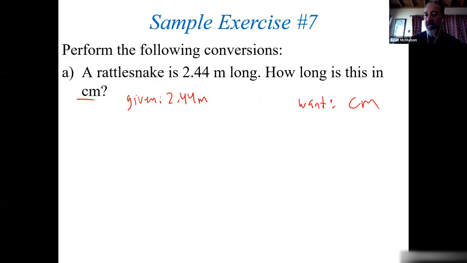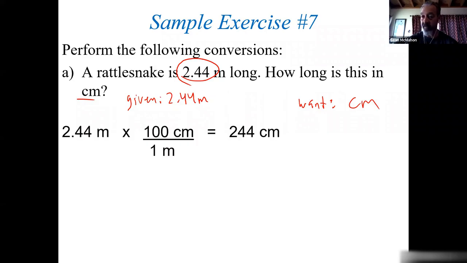2.44 meters. So meters to centimeters is within the metric system. So that conversion is going to be treated as exact. I will not use it for conversion factors. So what will I use? Do I know how many centimeters are in a meter? I like keeping the exponents positive, so there's 100 centimeters in 1 meter. Right?